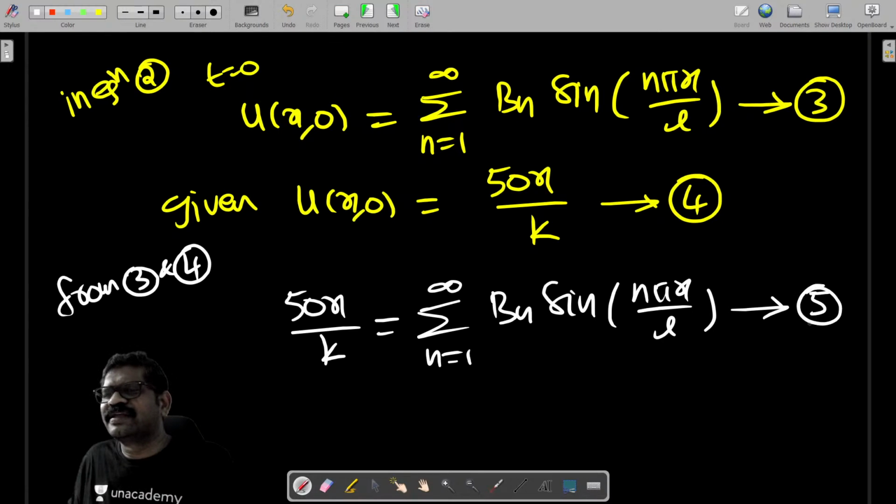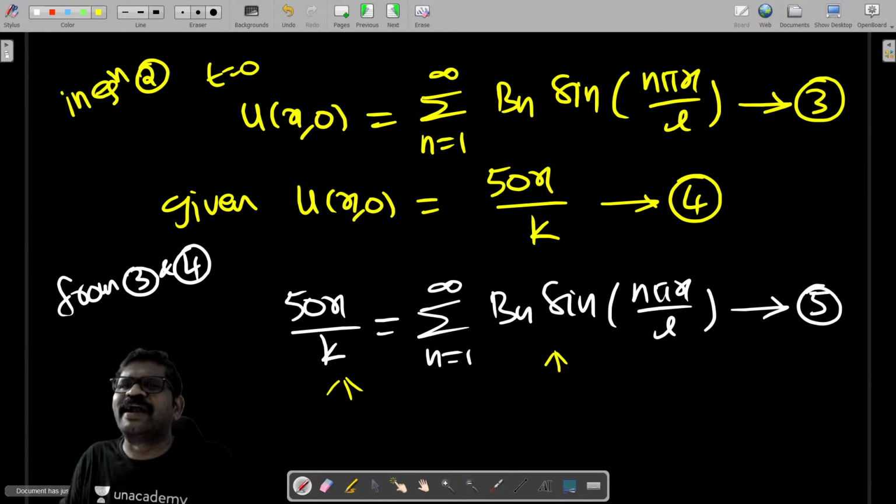If you look at the right hand side, the series is in Fourier series form. On the left hand side you have an algebraic function. How to compare and get the value of bn with the help of Fourier series?